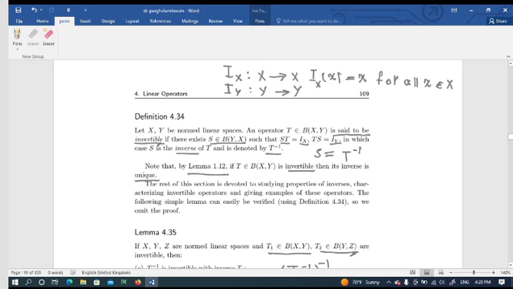By the lemma, if T, a bounded linear transformation from X to Y, is invertible, the inverse of T is unique. So any invertible operation can have just one inverse, not more than one.